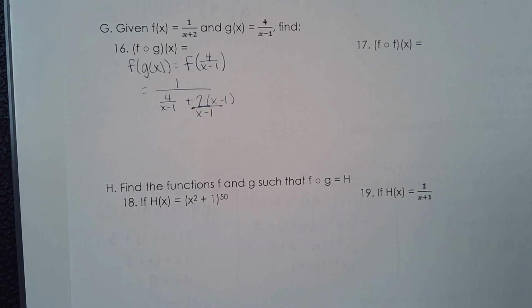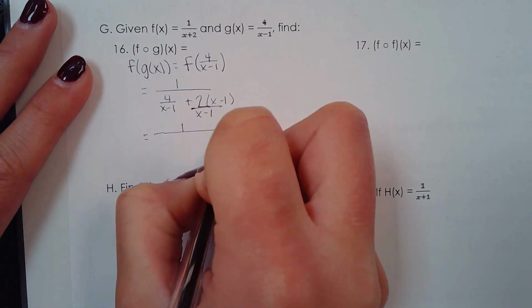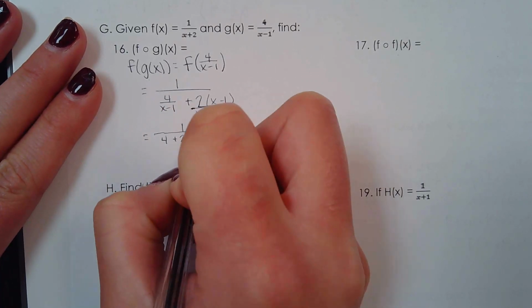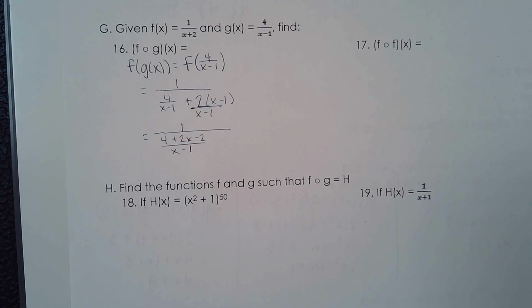Do you get what I'm saying? So that's going to give us 4 plus 2x minus 2 all over x minus 1 in your denominator. We okay?